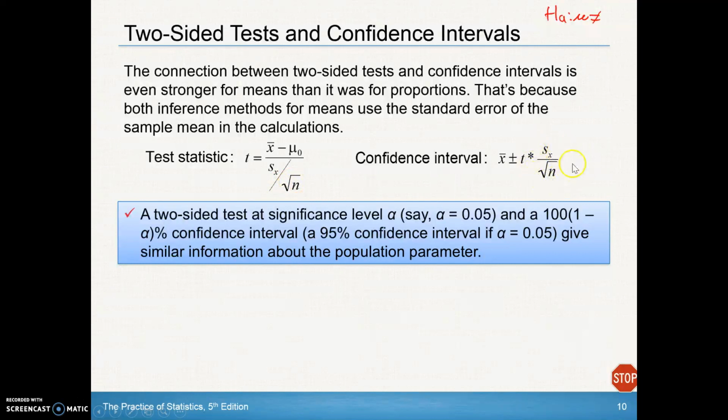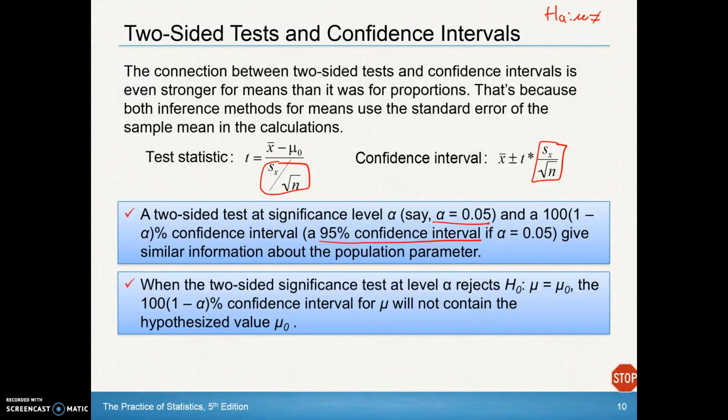It's used in our test statistic, and then it's used in our confidence interval as well. So if we have a two-sided test at a significance level of, say, 0.05, that means we have a confidence interval of 95%. So an alpha of 0.05 gives us a confidence interval of 95%.